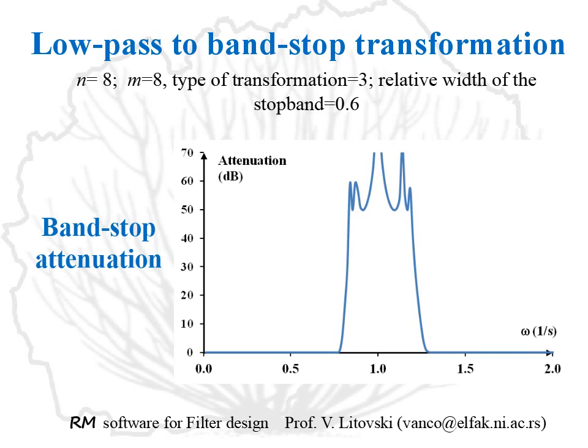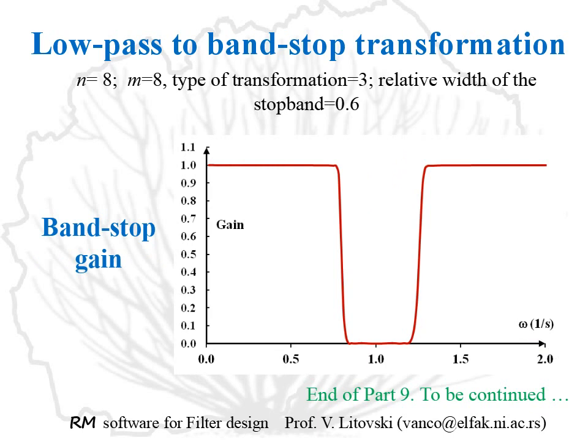Again a careful reader may see that there is geometric, not arithmetic symmetry, with the lower part of the stopband being shorter than the upper part. Here the amplitude characteristic, the gain of the stopband filter, is shown as an illustration of what is going on with this transformation.